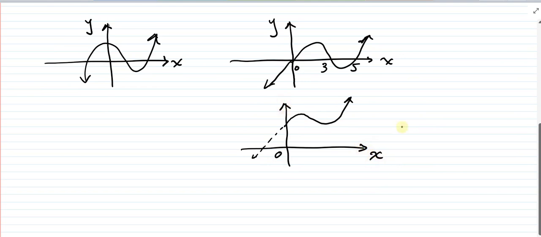So I would like to maintain my domain to be a positive input. Okay, so there you go, that's my thought process. As for this function, using pre-calculus techniques, I know that the x-intercepts are 0, 3, and 5. So that would be my basic model.